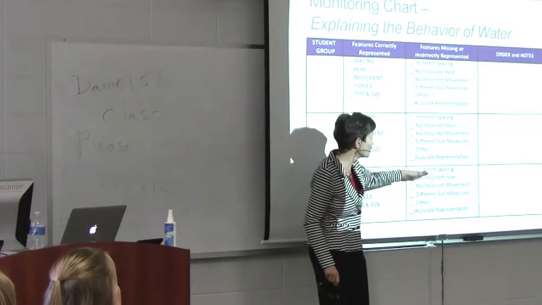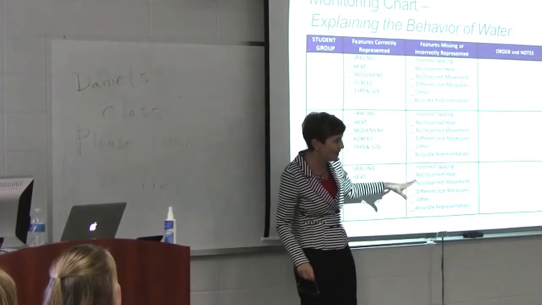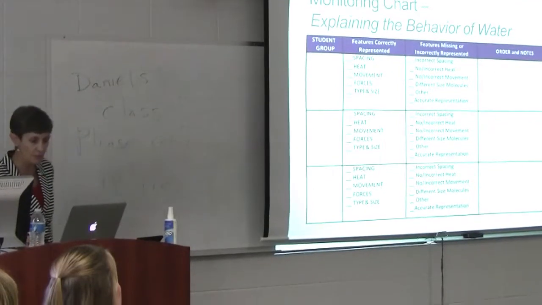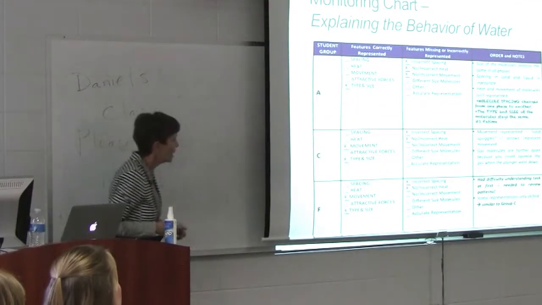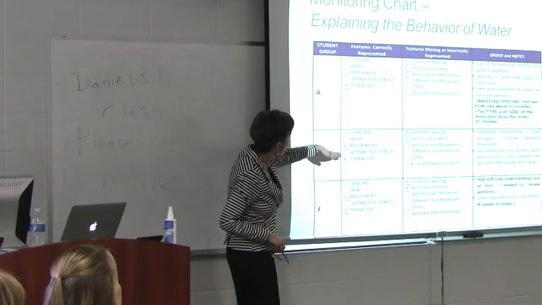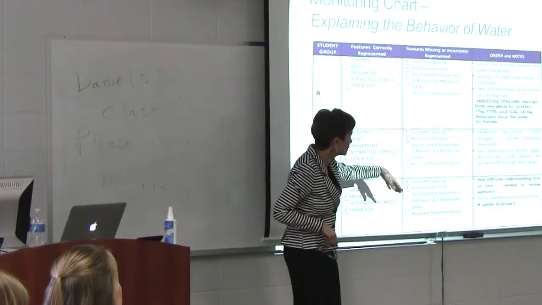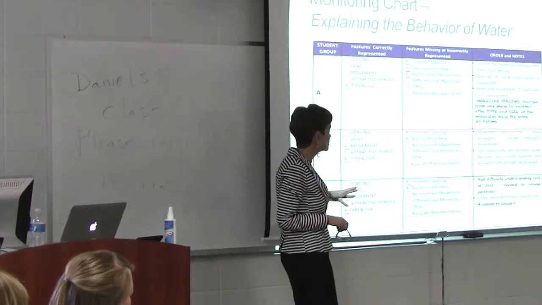And then over here, what things did they get right and not? So at the end of the day, this is just what was collected from 3 groups. You can see exactly what features they correctly represented, what they incorrectly represented, and then some additional notes from the teacher.